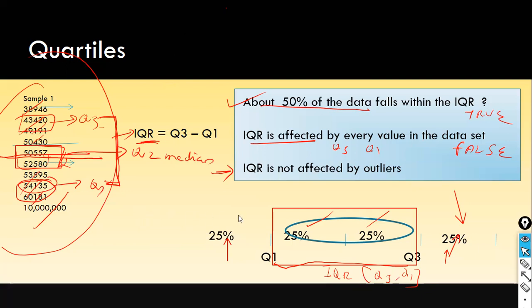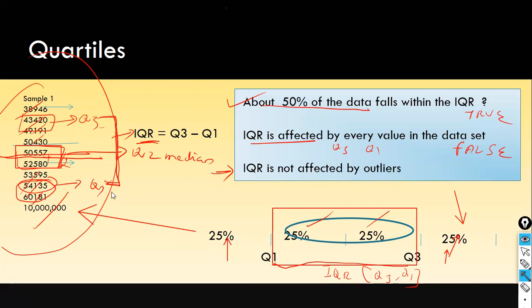Yes, you are correct. This is an outlier, right? Compared to all the other values, we can easily find it, we don't have to do any calculation. This value is too big. It's an outlier. But is the IQR affected by outliers?